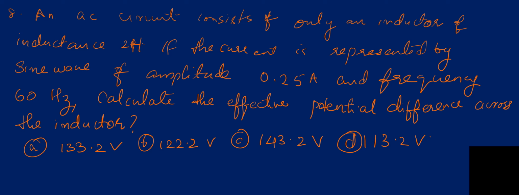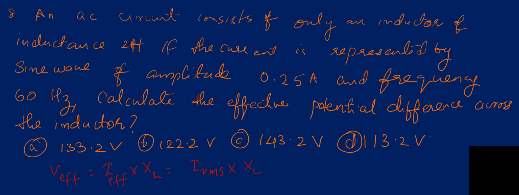An AC circuit consists of only an inductor of inductance 2H. If the current is represented by a sine wave of amplitude 0.25 ampere and frequency 60 Hz, calculate the effective potential difference across the inductor. Equation for effective potential difference is V effective equal to I effective into inductive reactance XL, or we can write I effective is IRMS into XL.